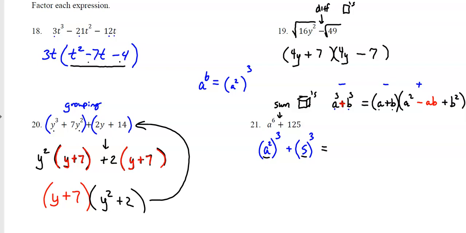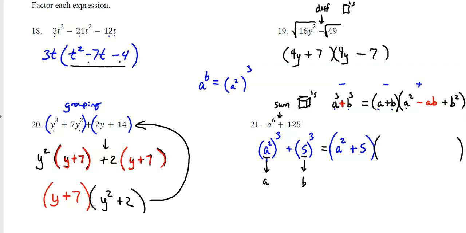So instead of doing A plus B, this is now my A. So I'm going to have A squared plus B. All right, because remember, you're my A, you're my B, and then I got to follow the pattern in the back part.